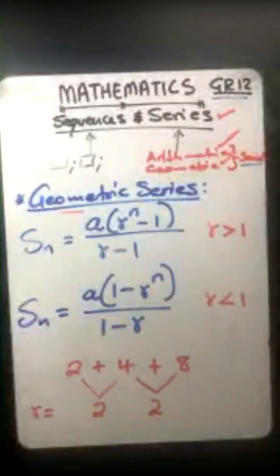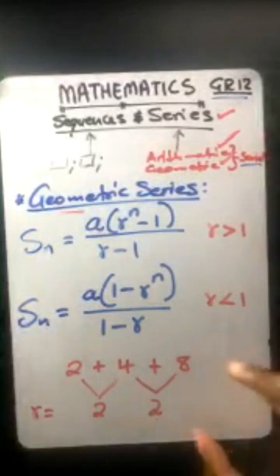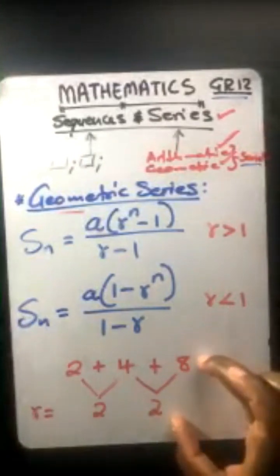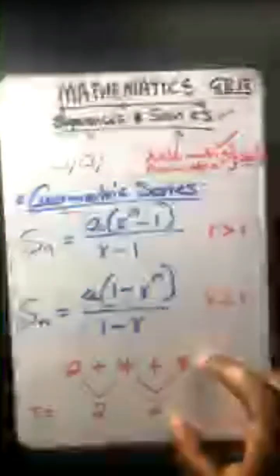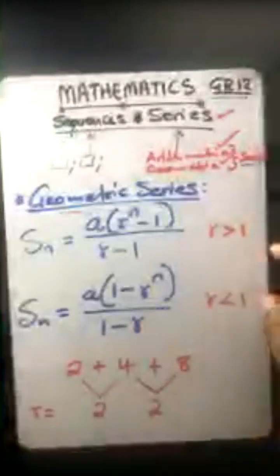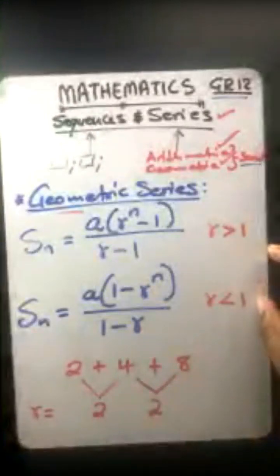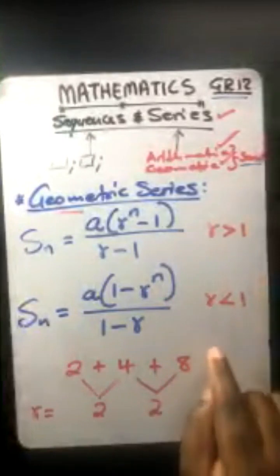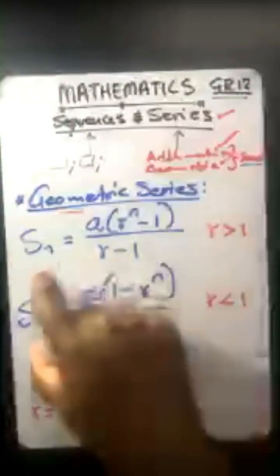So it's already a hint that when you calculate your r, being your ratio, it's either greater than or less than 1. If it was less than 1, we were going to use that formula.